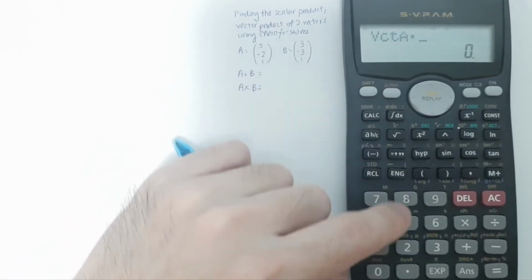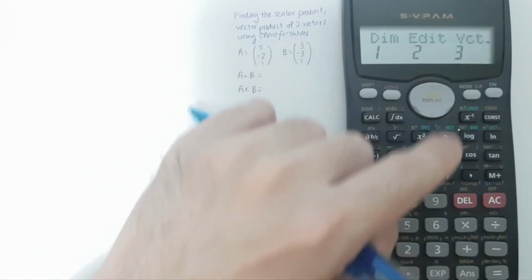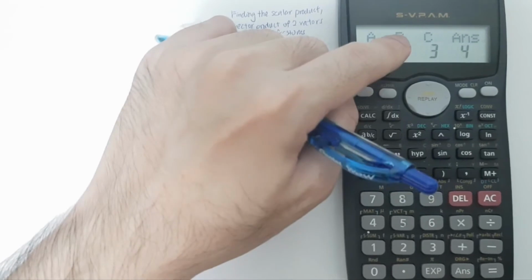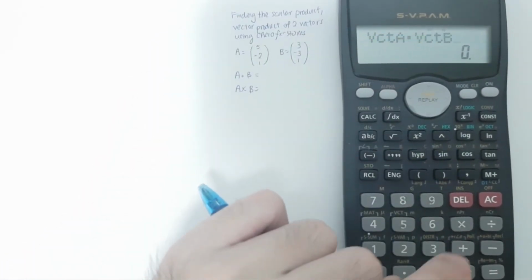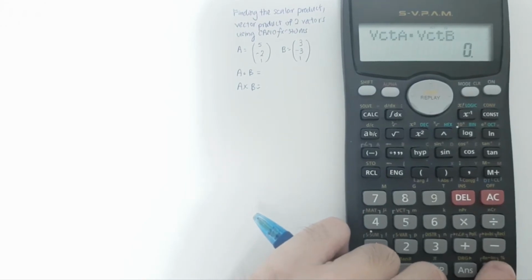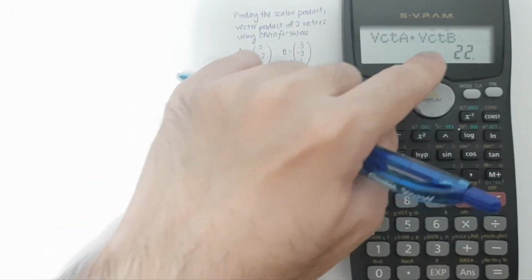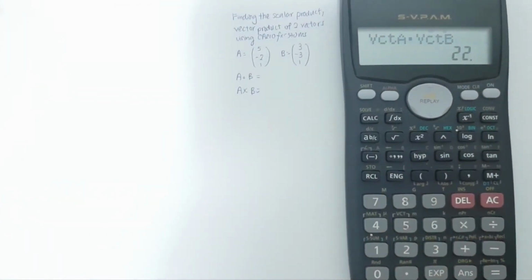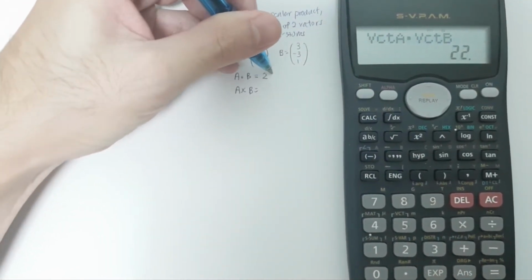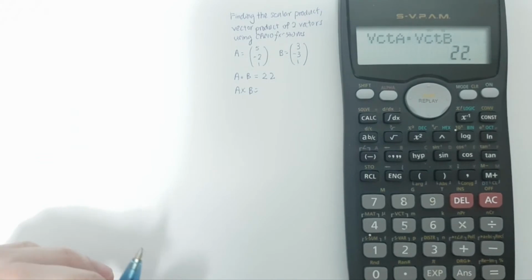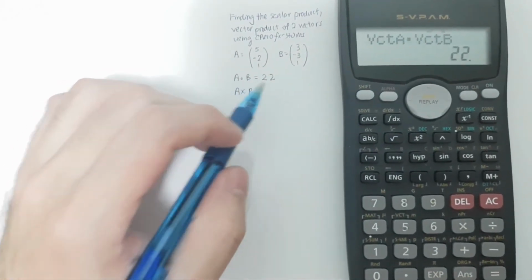We press Shift, press 5, press 3, and then press 2 to include the vector B. Then we press equal, and a value will come out. This value is the result of the scalar product of A and B, which is A dot B.